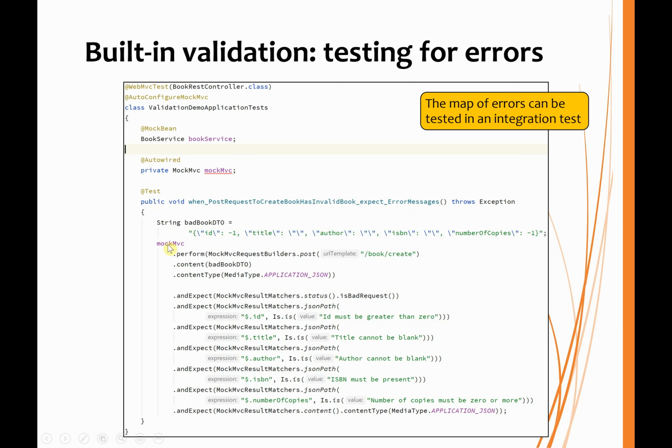And then we're using the mock MVC that we've spoken about in a previous video to perform a post request to book/create, whose content is this bad book DTO, and we're identifying the content type as JSON string, and then we're saying we're going to expect a status which is bad request, and then we're checking using the JSON path method to verify the error messages that we get. And this then becomes a very neat way of testing the validation error handling that we get in our applications.